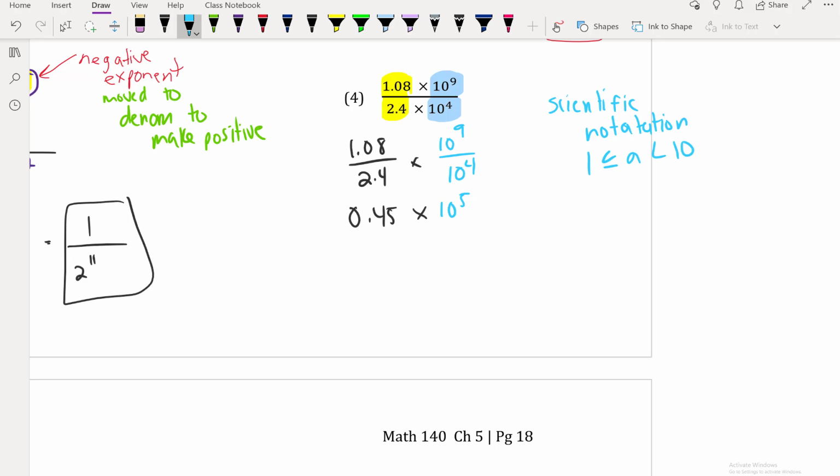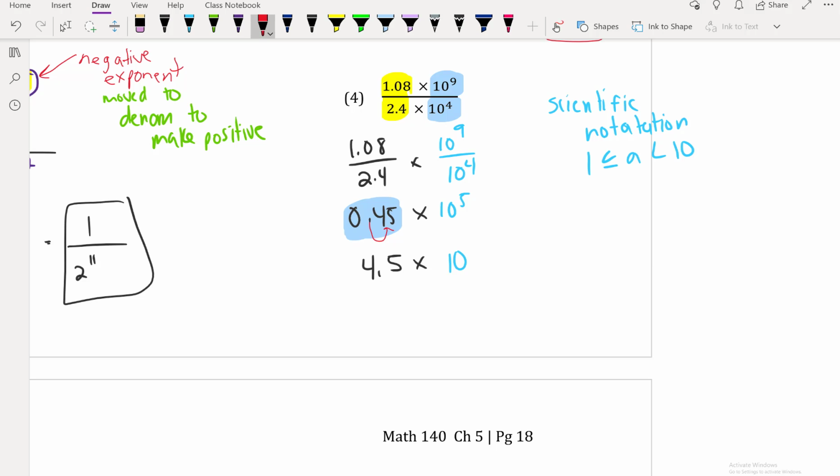So here, if I'm looking at that 0.45, is it bigger than or equal to 1? Well, it's smaller than 1, so it's not in proper scientific notation. So I'm going to have to move this over 1 time. So in reality, I really have a 4.5 times 10.